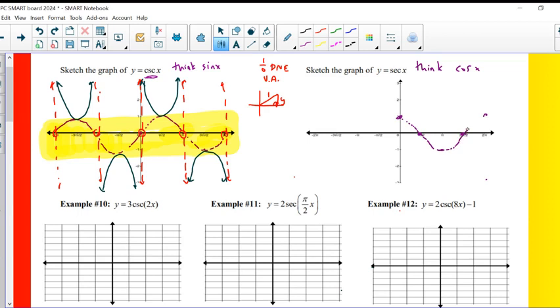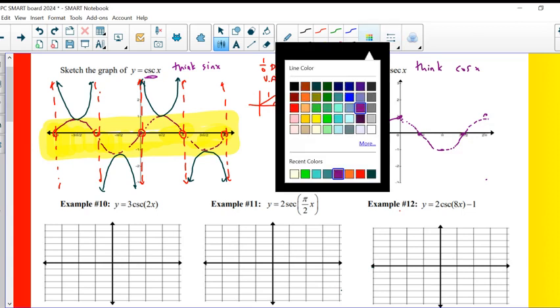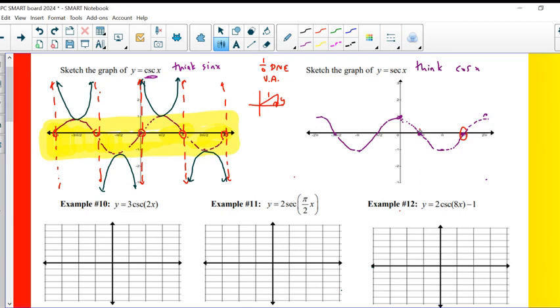We're going to follow the same pattern: find where the cosine graph crosses the x-axis, and wherever it crosses the x-axis, that's going to give rise to vertical asymptotes. So there'll be one at 3 pi over 2, one at negative 3 pi over 2, negative pi over 2, and then pi over 2, and then 3 pi over 2.